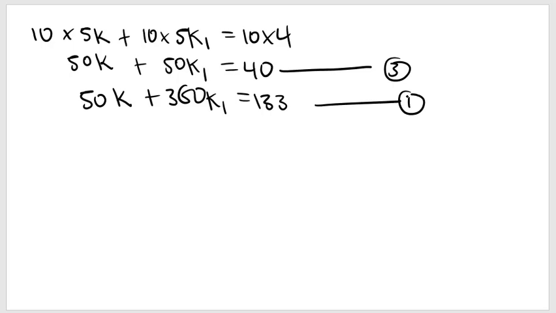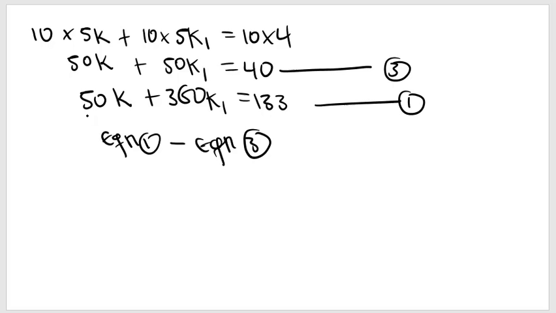If I want to eliminate k, now that the coefficients are the same, I subtract one equation from the other. The choice is yours. The most important thing is you should follow that order. So I want to subtract equation 3 from equation 1, so my equation 1 minus equation 3. I'm doing that subtraction correspondingly.